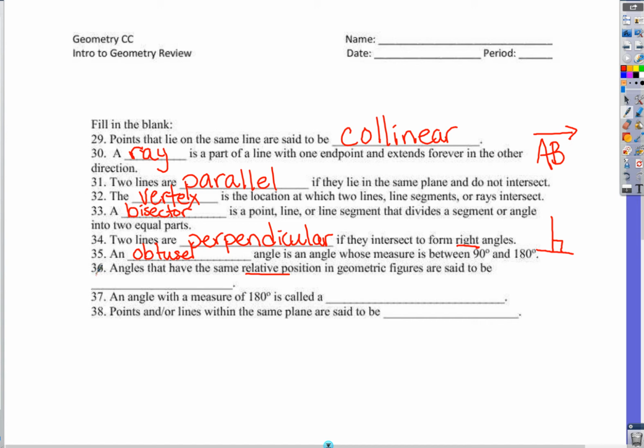I remember that one? Corresponding. And we're going to do a lot more with corresponding angles whenever we start Unit 2. Okay, an angle with a measure of 180 degrees, what kind of angle is that? Straight.